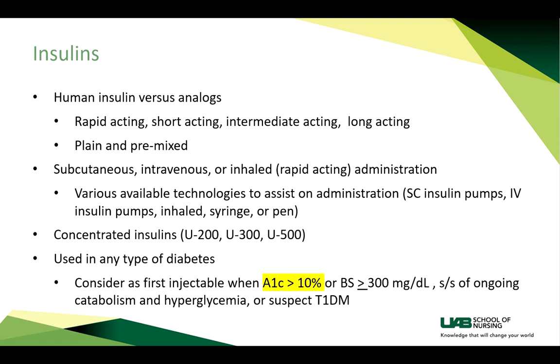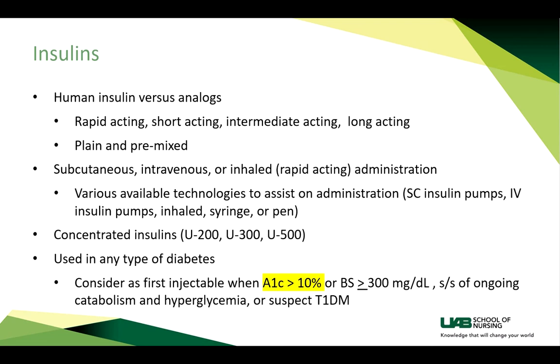We also have the concentration of insulin, which differs, and those concentrated insulins are listed as the U100, which is the standard, or U200. We also have U300 and U500 versions. Typically that means that we have 200 units in 1 ml in the case of U200, for U300, 300 units in 1 ml, and U500 would be 500 units of insulin in 1 ml. And of course, the standard U100 would be 100 units per 1 ml.